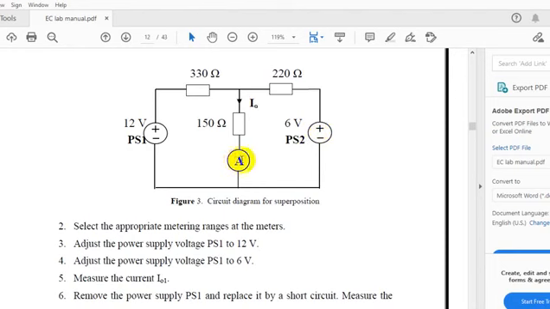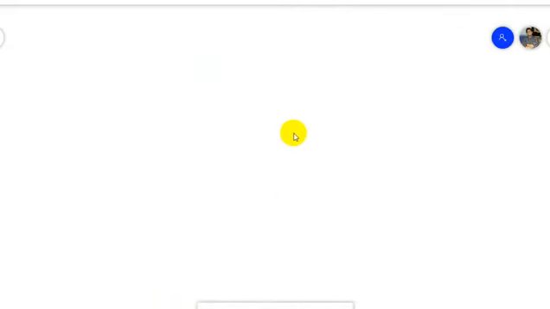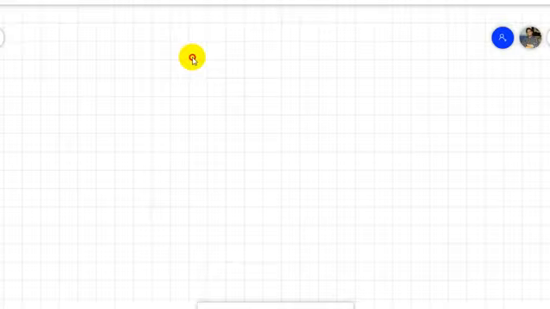This is the ammeter. So I am removing the voltage source from here and making it a short circuit. It is the I naught 1, suppose. Let us redraw the circuit here.